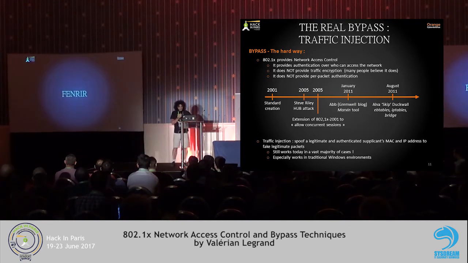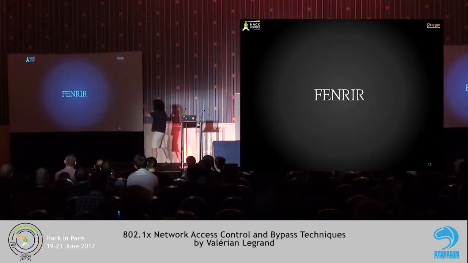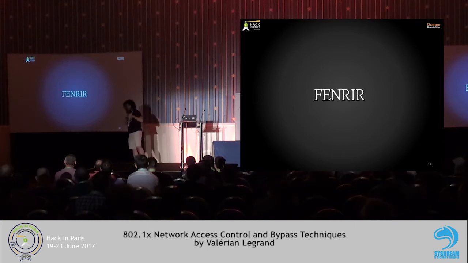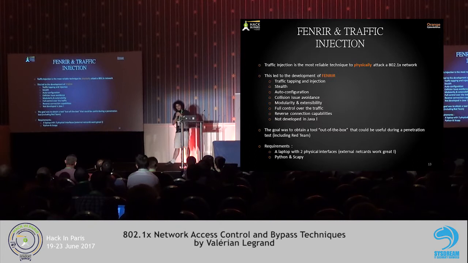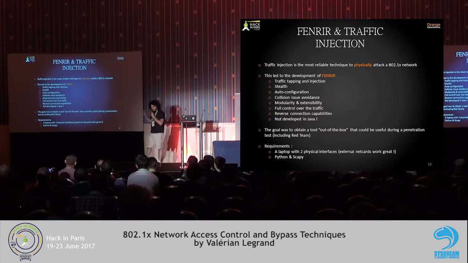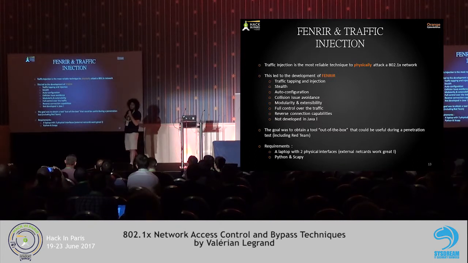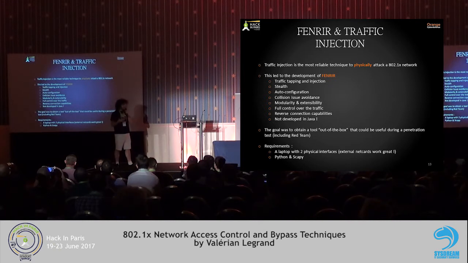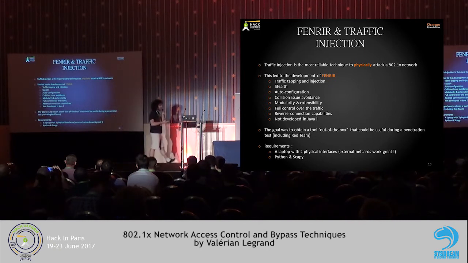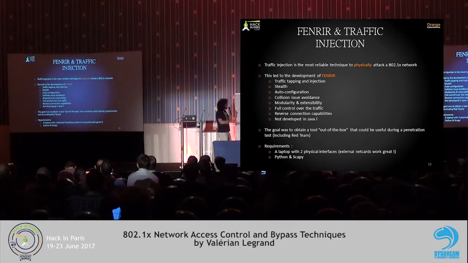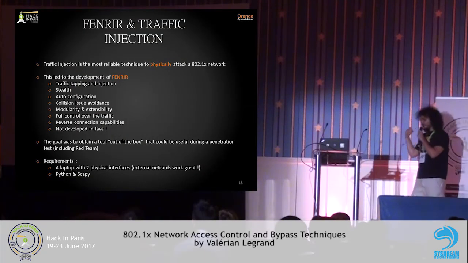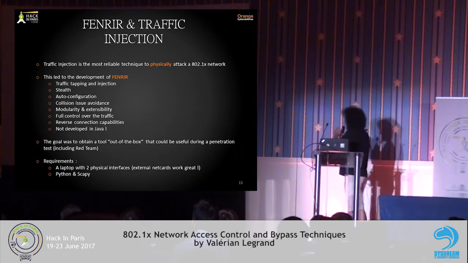So this research led to the development of a tool called Fenrir. Again, don't blame me for the name. And the goal with Fenrir was to have a tool that could be used out of the box, meaning you don't have to modify existing attack tools such as Nmap, Netcat, Metasploit, whatever. You can use them out of the box. Fenrir will take care of everything.